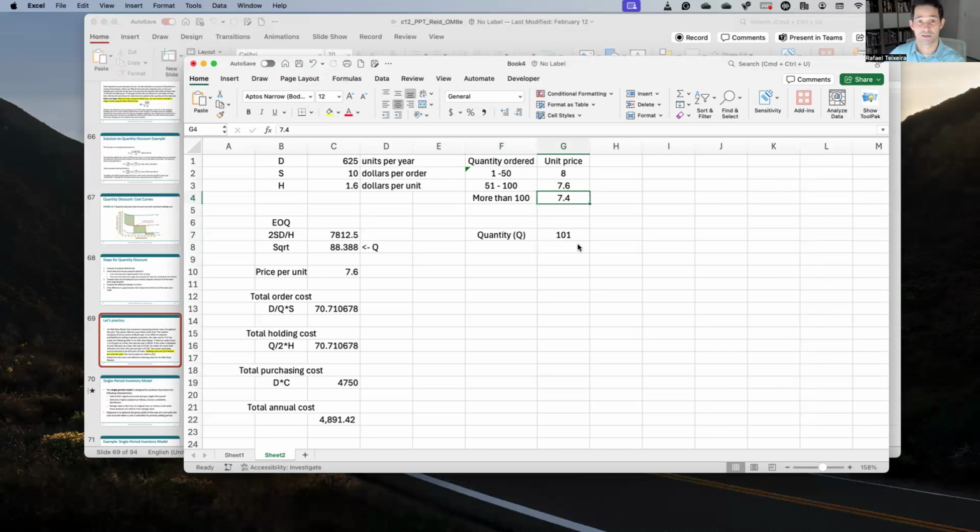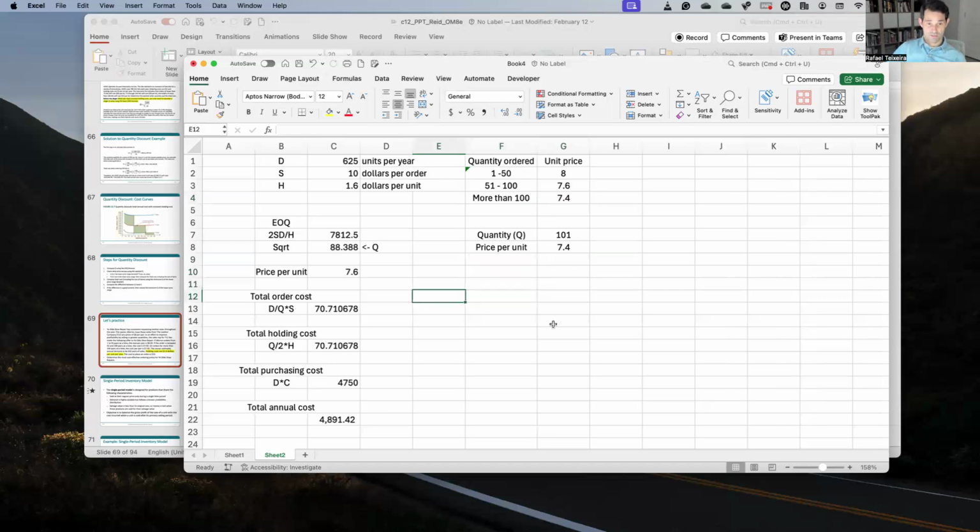I don't want to order many more because the optimal order quantity was 88, so I want to minimize the amount I order but still qualify for this price. My price per unit in this case is going to be 7.4. I always choose the cheaper price and the minimum quantity that qualifies for it.